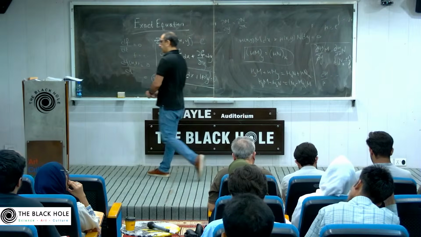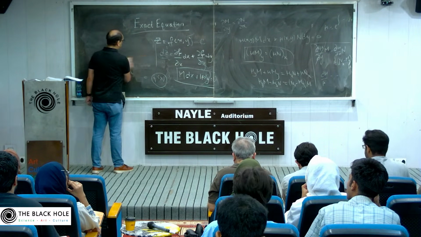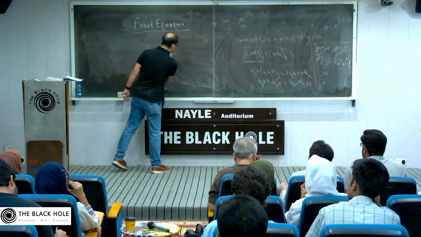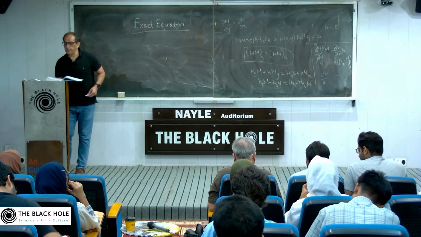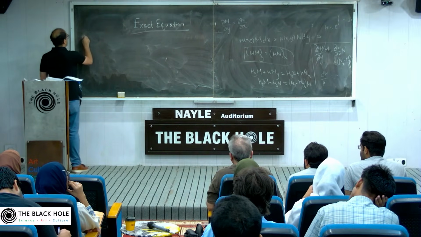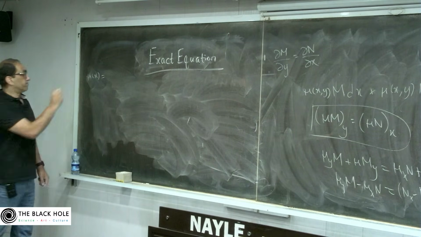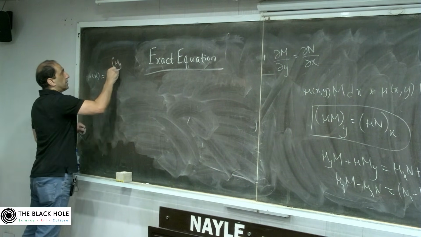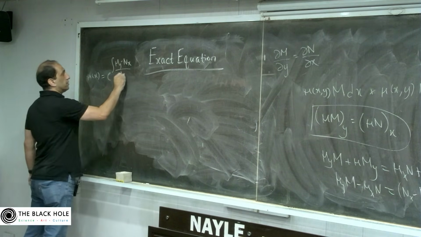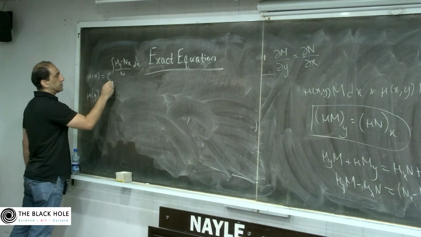So without doing that, I'm just going to write it down, and we will solve a problem which will be very instructive. For both the cases, I will have these forms. So if I have mu of x, that will be e raised to power integral of (my minus nx) over n dx, and my mu of y, I think it will be just the other way around.